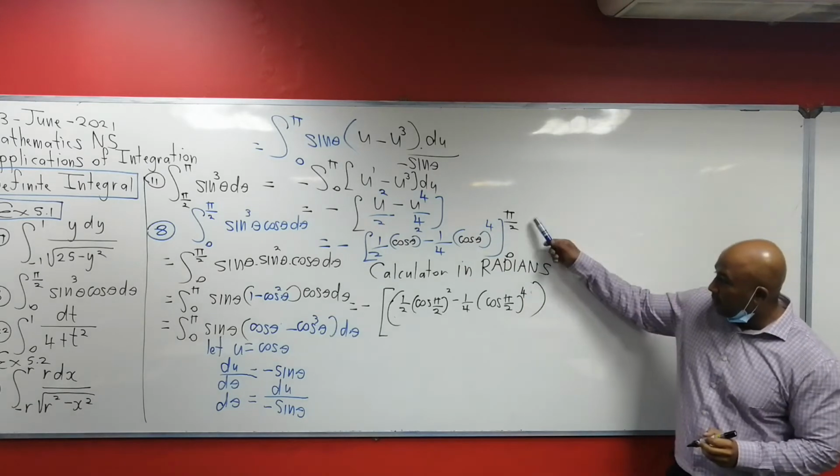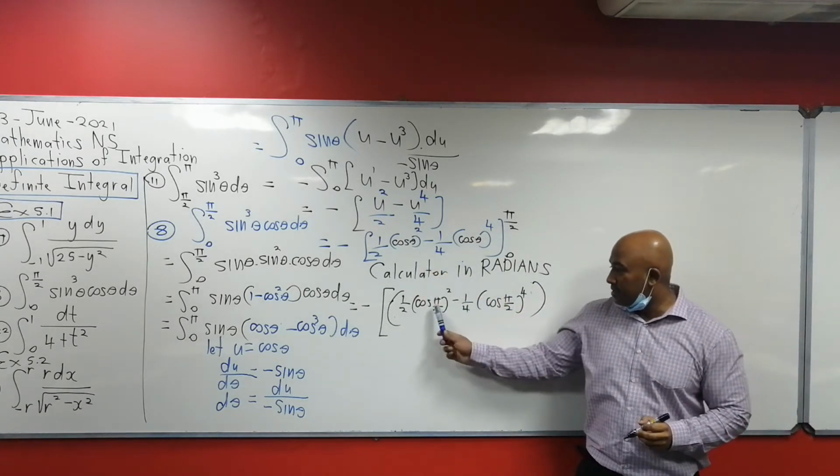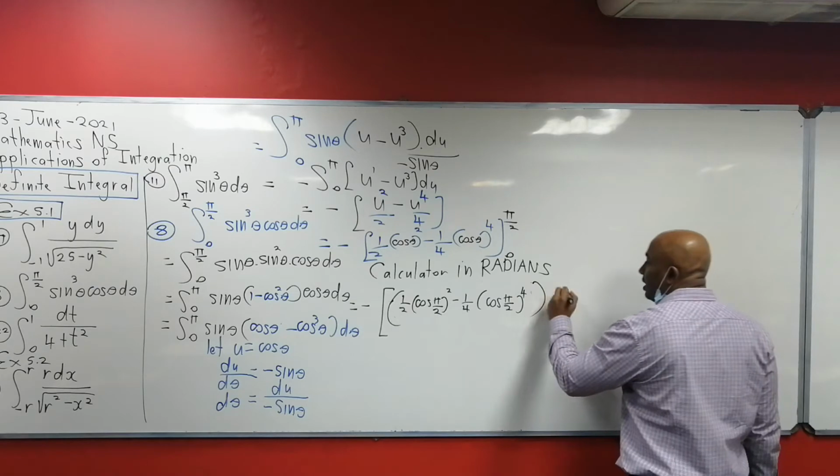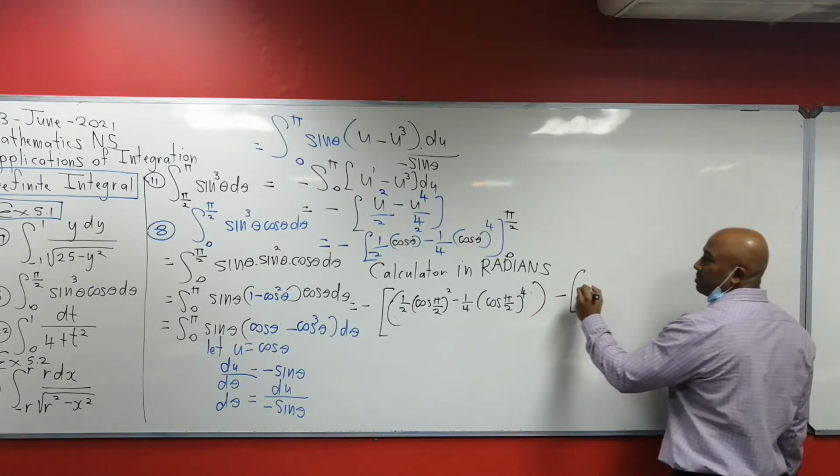First, the upper limit, wherever you see theta, substitute your pi over 2, put down a minus sign, and now substitute 0.